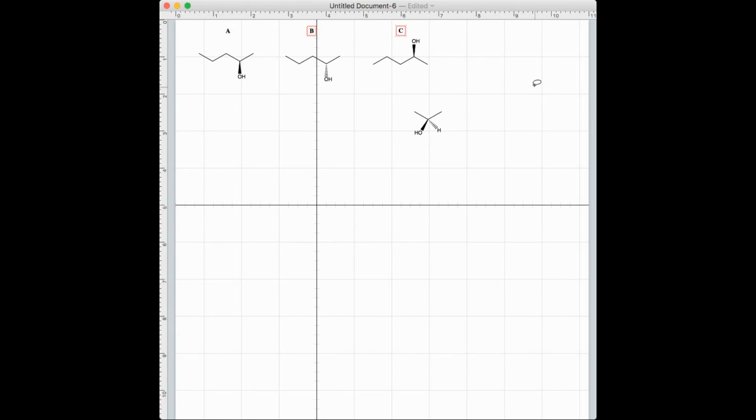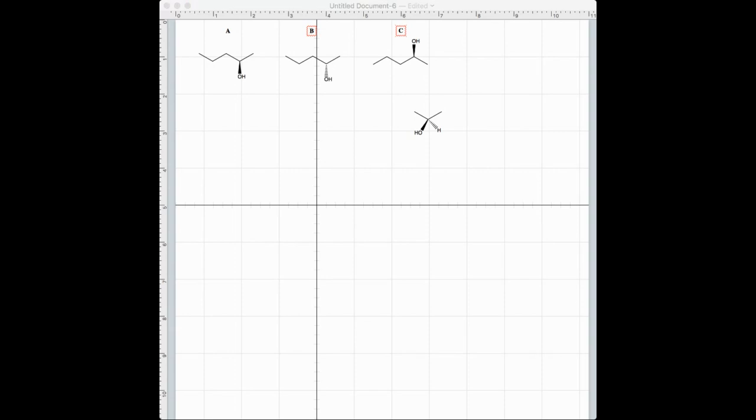Remember, we need to superpose them and see if they match 100% or if they don't. Before superposing, we need to make sure we are doing the right flipping, because molecules can be flipped no matter what. As long as you don't break a bond, the molecule is the same.